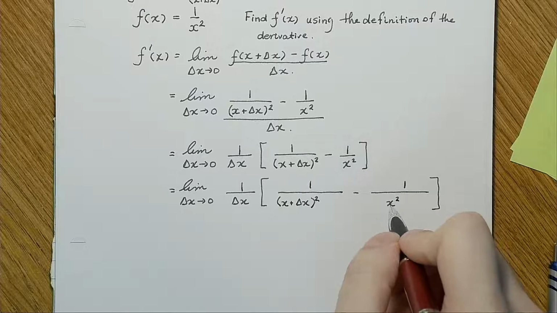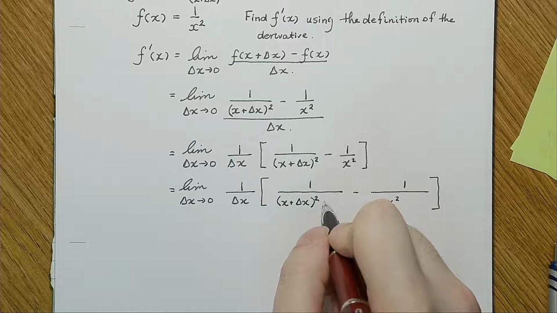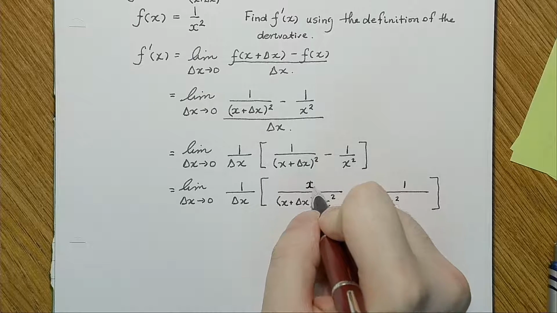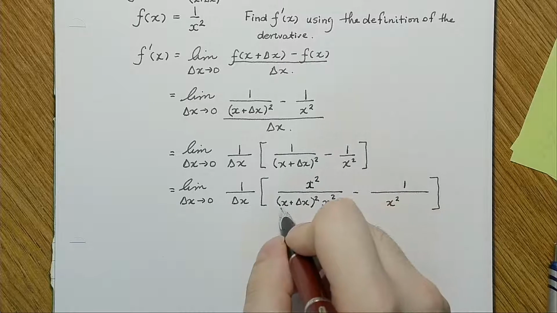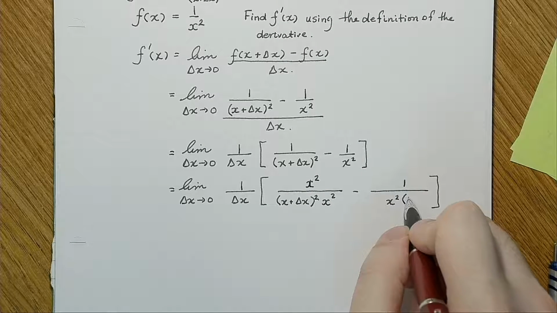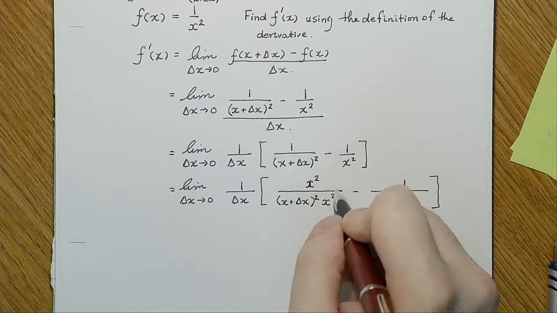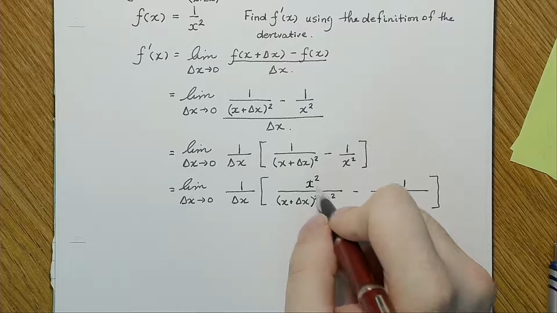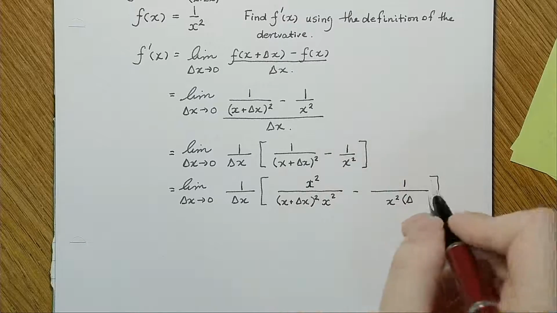So again, I don't have an x squared on this side, so it's going to be x squared over here. And I don't have an x plus delta x squared over on this side. Everyone's okay with that? Essentially right here, I have x squared divided by x squared, and I could cancel that out because that's 1. I'm just multiplying essentially by 1.